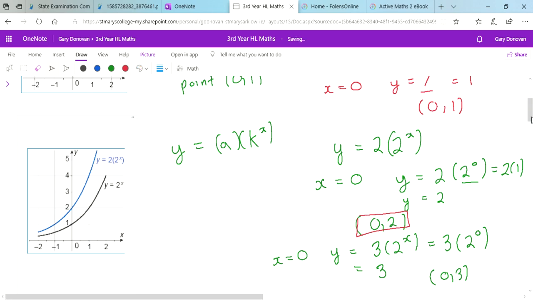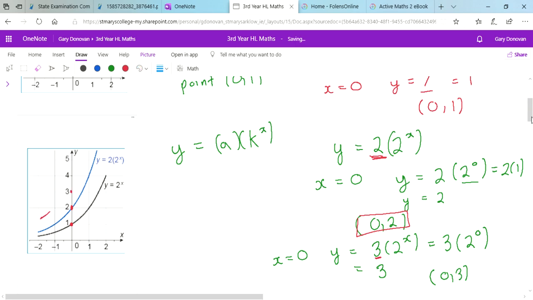In the last function, here the black line, every function went through the point 0, 1. If you put a 2 in front of that, the function goes through the point 0, 2. If you put a 3 in front of the 2 to the power of x, it goes through the point 0, 3.